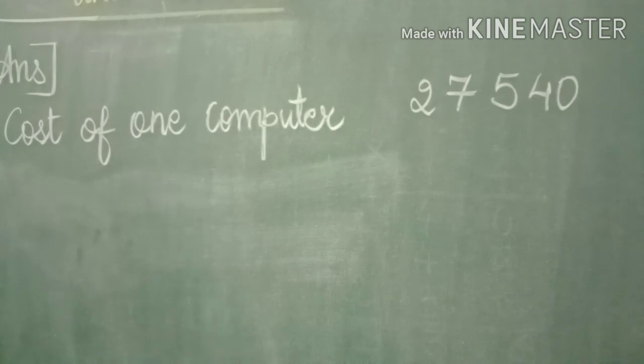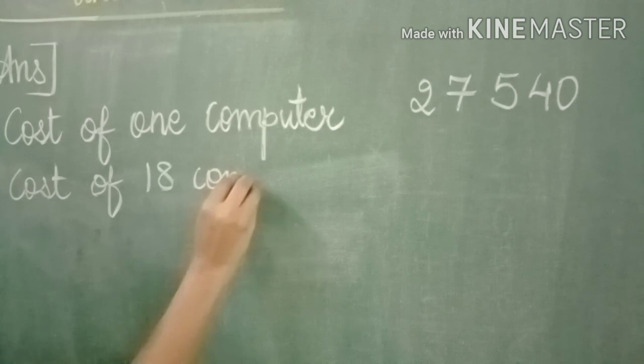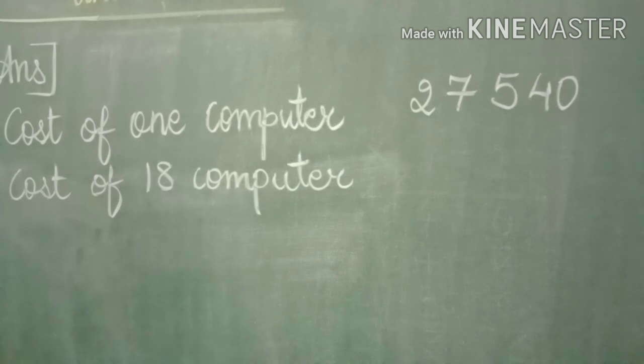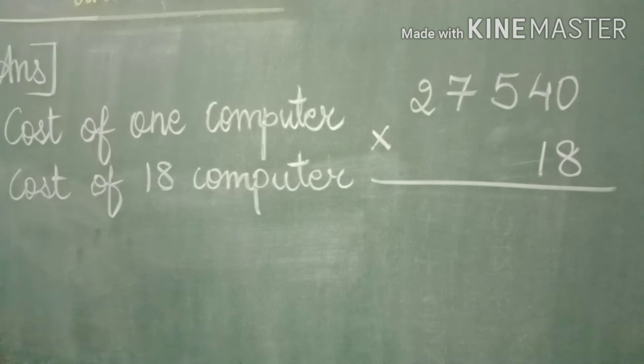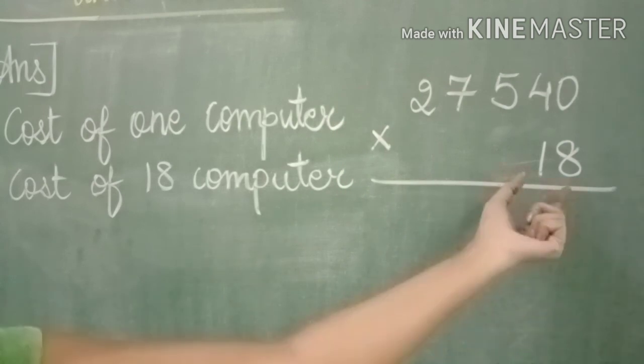Let's find out the cost of 18 computers. So for the cost of 18 computers we have to multiply with 18. Now here you can see it is 27,540 and here is 18.